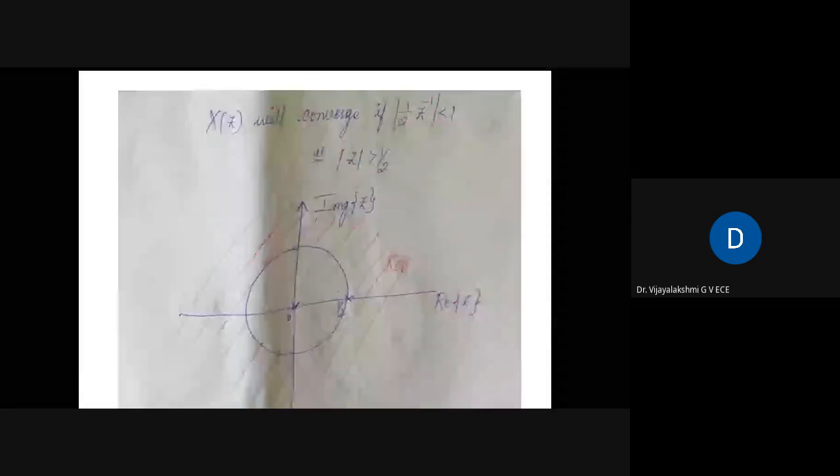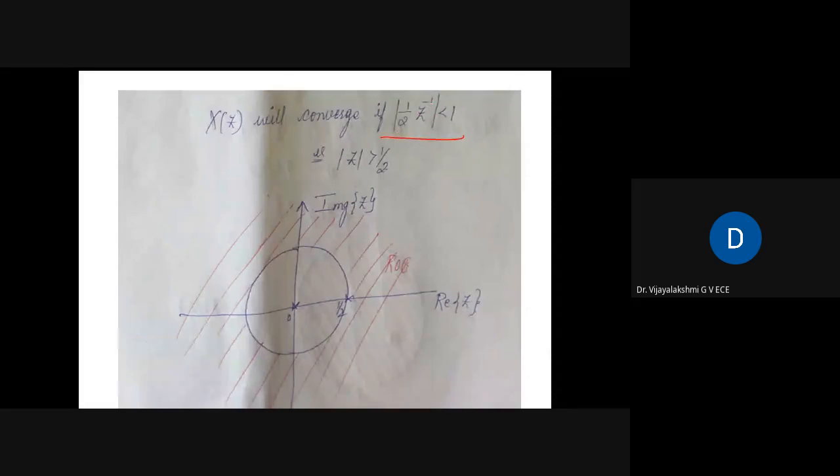So I write here |1/2 z power minus 1| is less than 1, or it becomes 1 by 2|z| is less than 1, or 1 is less than 2|z|, or |z| is greater than half. Correct? So the X of z will converge provided the |z| value should be greater than half. For all the values of |z| greater than half, this X of z will converge. Okay, so this is the region of convergence.